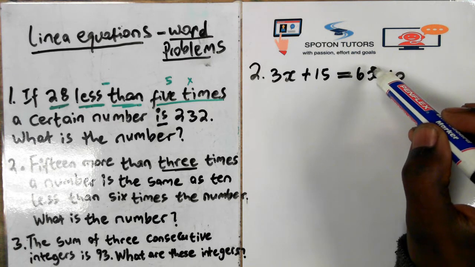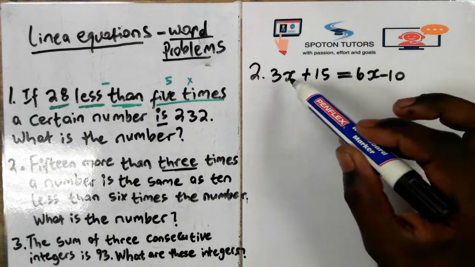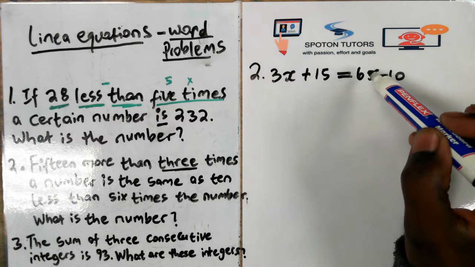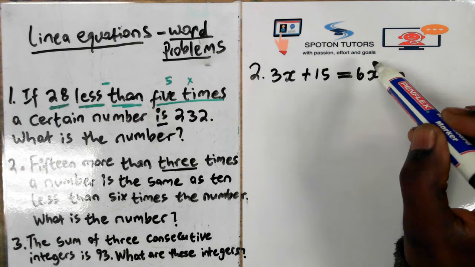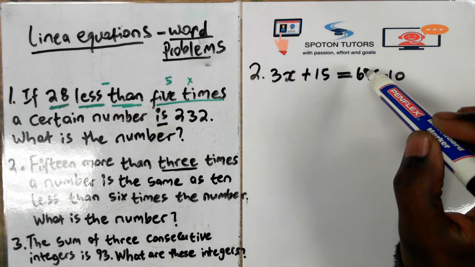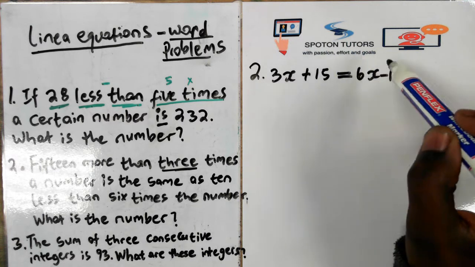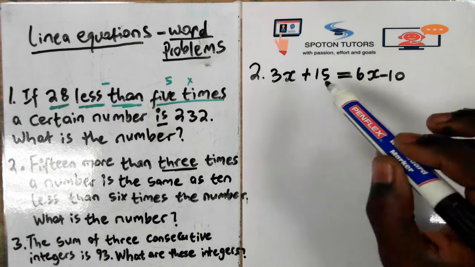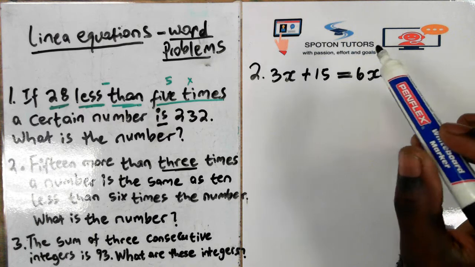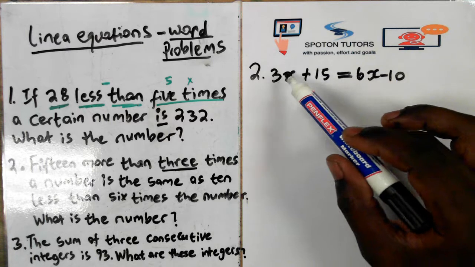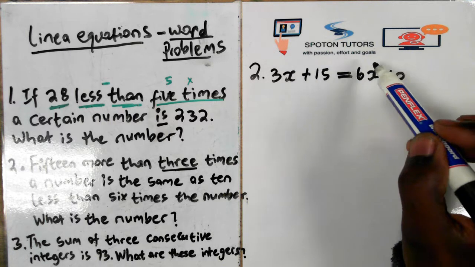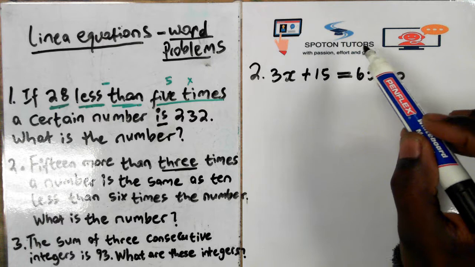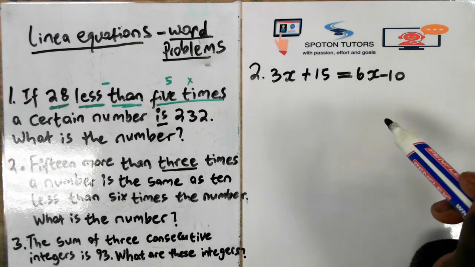So you look at the coefficients of your unknowns. This coefficient is 3, this coefficient is 6. You will collect your variables to the side where the coefficient of your variable is bigger than the other. Let me repeat that. You will collect your unknowns to the side of the variable with the bigger coefficient.